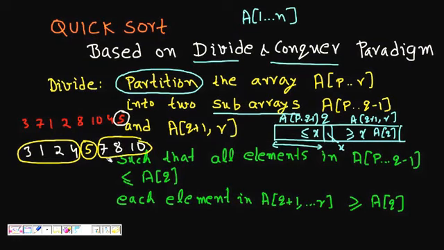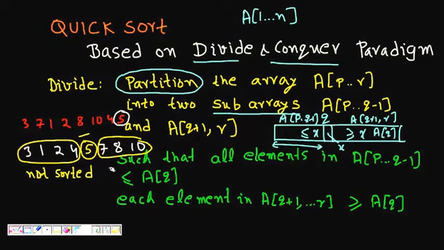One more observation is that this is not sorted. Partitioning doesn't mean that this side is sorted. 3, 1, 2, 4 is not sorted, even though 7, 8 and 10 is sorted. The only criteria is that in the left sub array everything should be less than or equal to the pivot element, and on the right hand side everything should be greater than or equal to it.